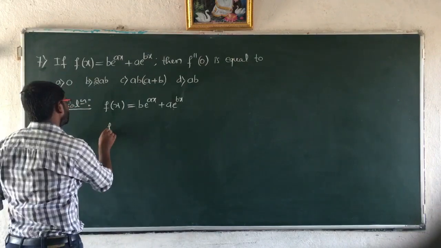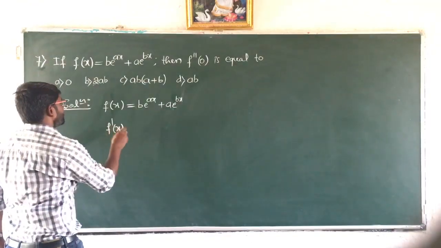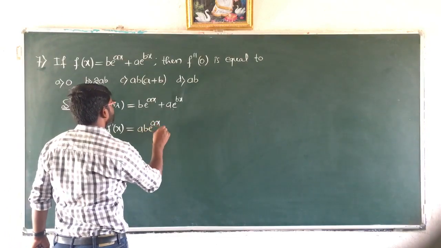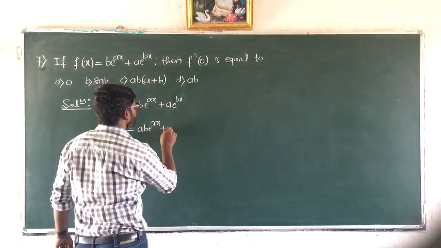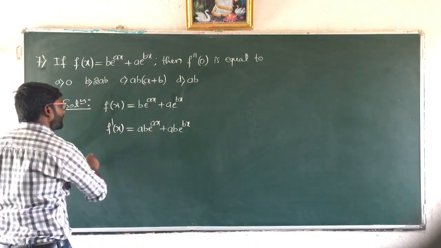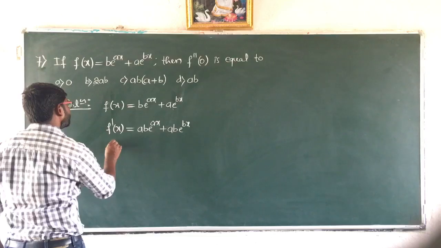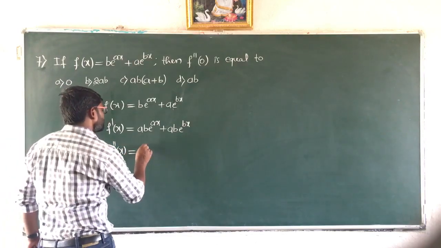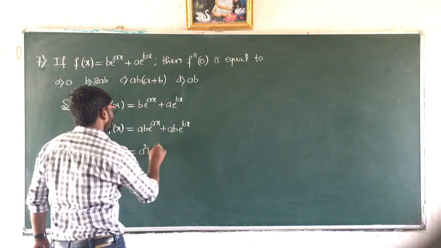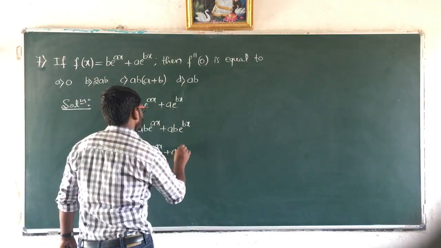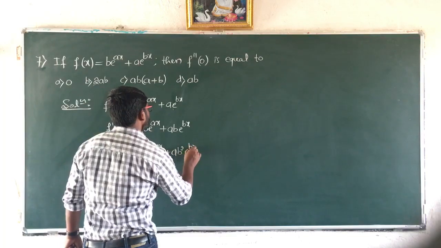We get f dash of x, which is equal to ab into e raised to ax plus, here we get ab into e raised to bx. Now differentiate again, we get f double dash of x, which is equal to, we get a square b e raised to ax plus, here we get a b square e raised to bx.